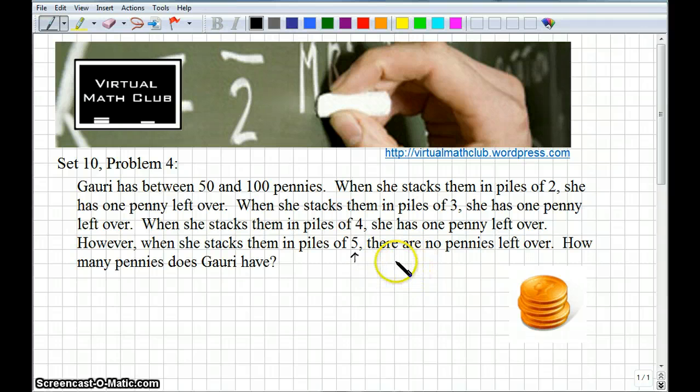So we know that the number of pennies, let's call that n, is divisible by 5, okay? And if you know your divisibility rules, you know what the last digit is of that number of pennies. And so that can help you narrow down the possibilities, okay?